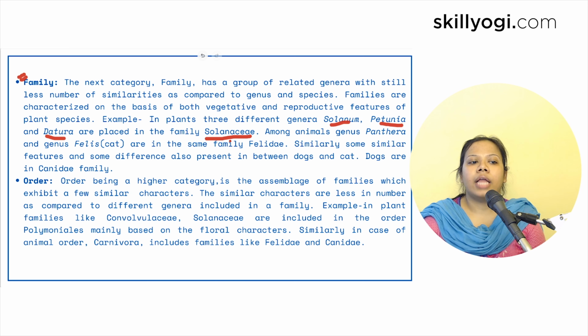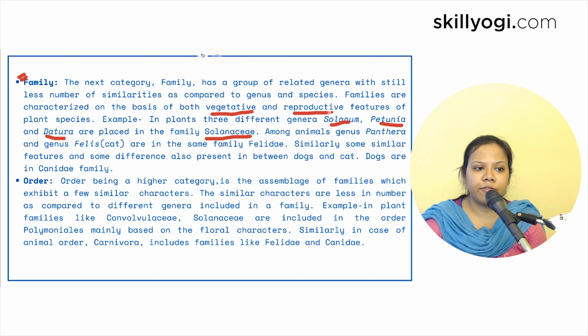Another important point: in case of plants, the families are classified according to their vegetative and reproductive features.